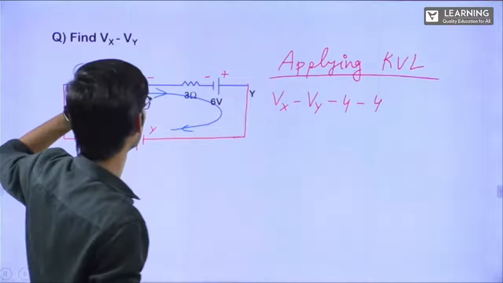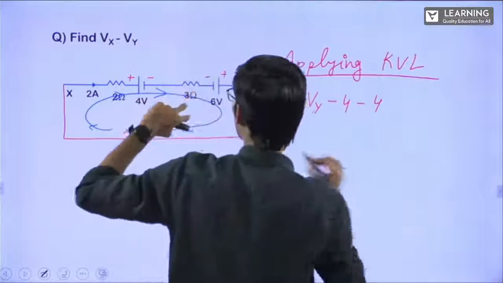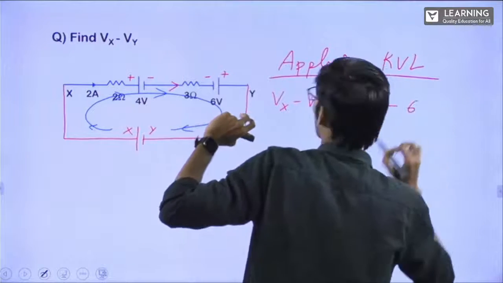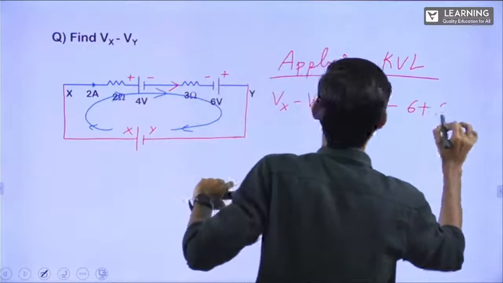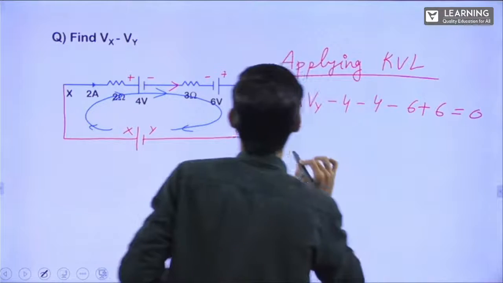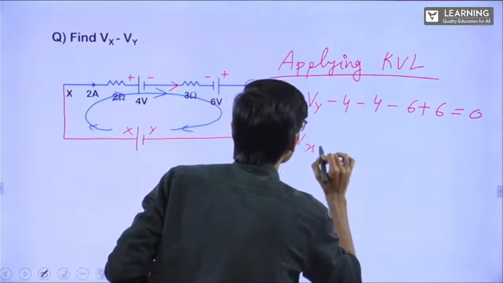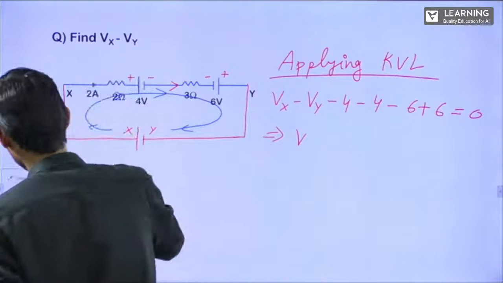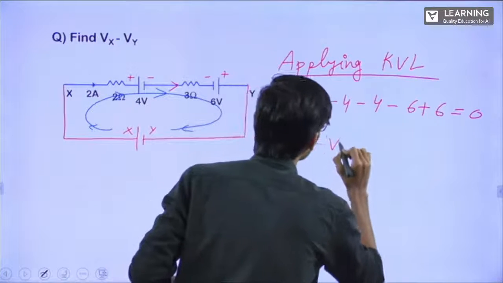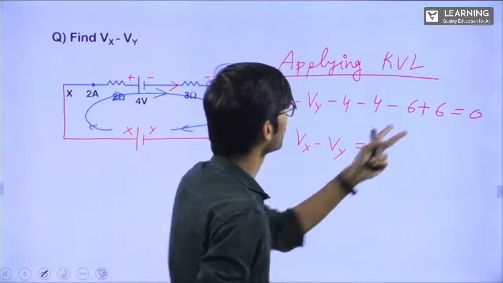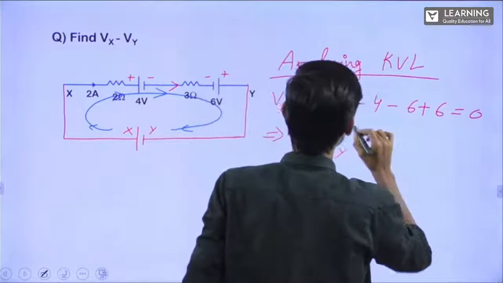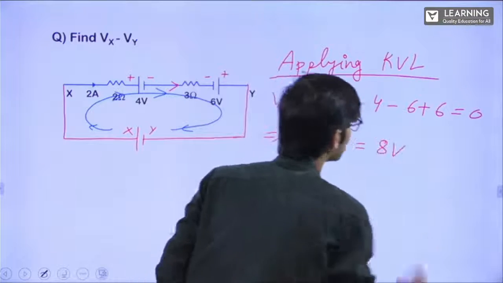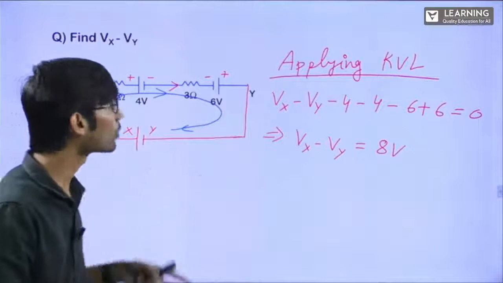Then here, 3 2s are 6, same direction, minus sign. Plus 6 is equal to 0. So from here, Vx minus Vy is equal to, these and these will be cancelled. This will be 4 for 8, going to the other side, 8 volt. Clear? I hope you got it.